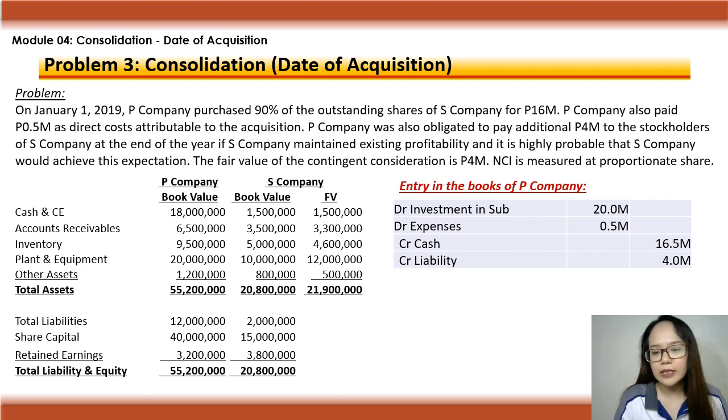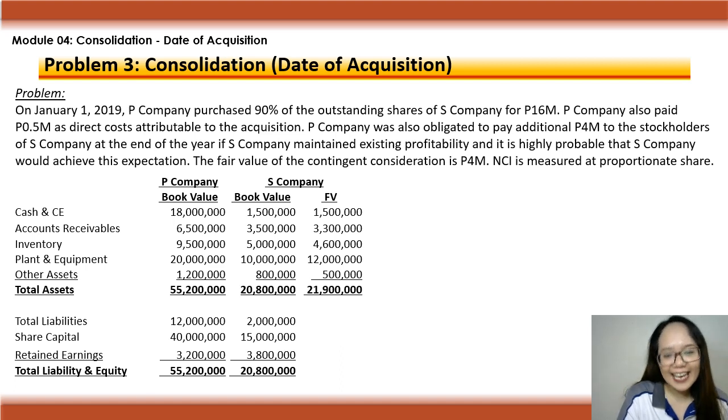Debit expenses, 500,000. Credit cash for the payment, which is 16 million yung pinambayad mo na, plus the 500,000 pesos paid na direct cost. Credit your liability for the contingent consideration, which is 4 million fair value.